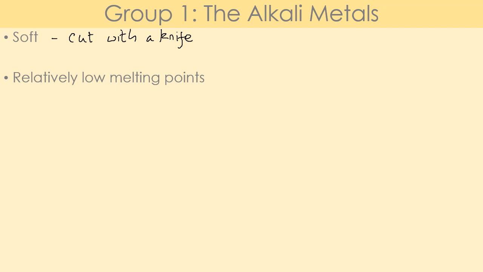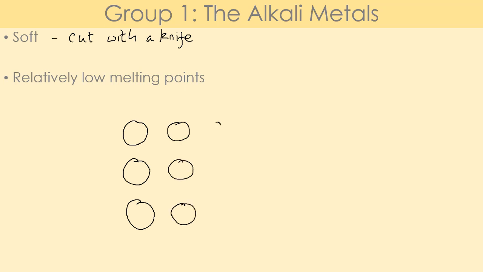Now our reason why for this is to do with the bonding. They have something called metallic bonding. So we have 3 types of bonding: ionic, covalent and metallic bonding. With our metallic bonding, we've got our atoms. So we're going to have it as a solid. I'm going to draw little gaps in between them because there are, in fact, gaps in between them. And we've got our metal ions.